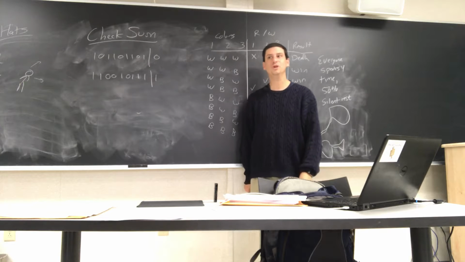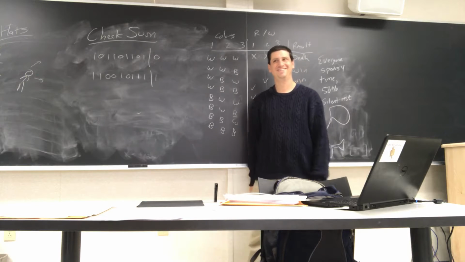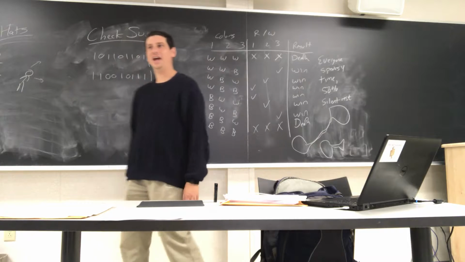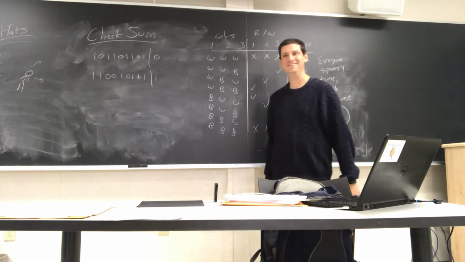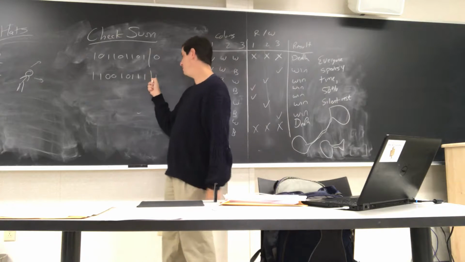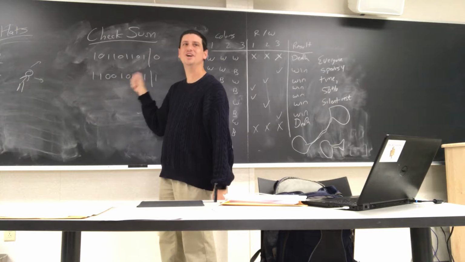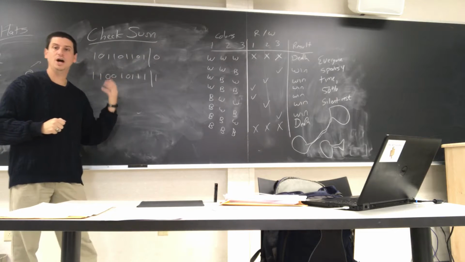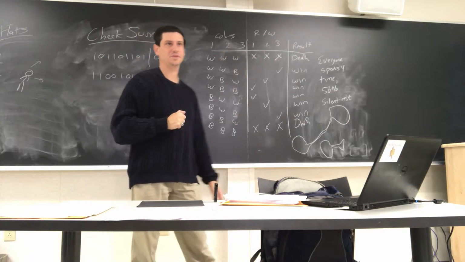No. And in fact, where could the error be? Anywhere, including the checksum, right? The error might be, this could have actually been the correct message. The error might actually be in the checksum. All this does is tell you a mistake was made.